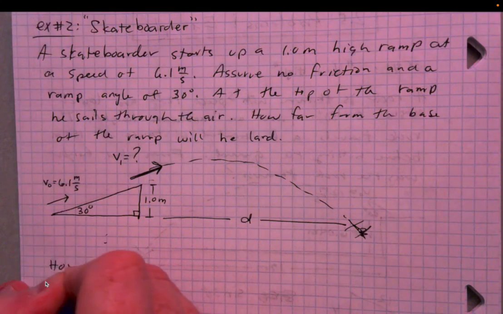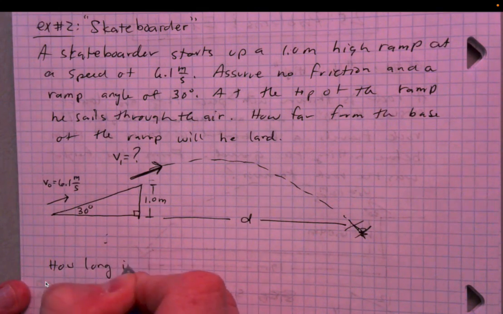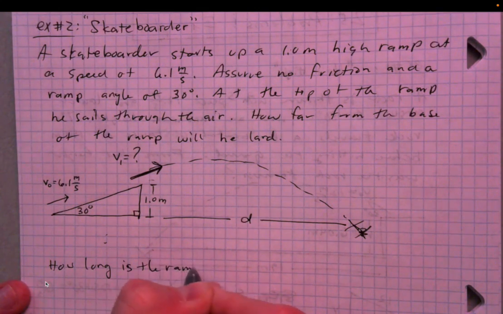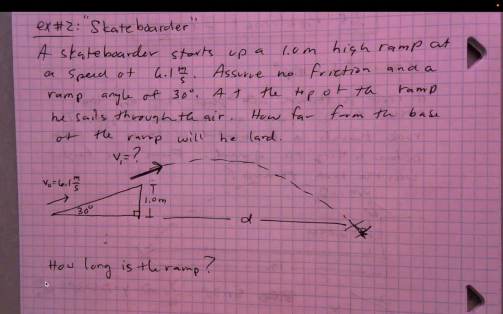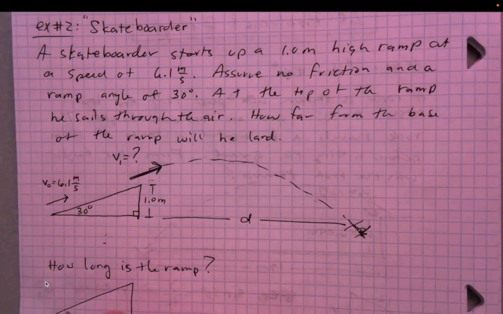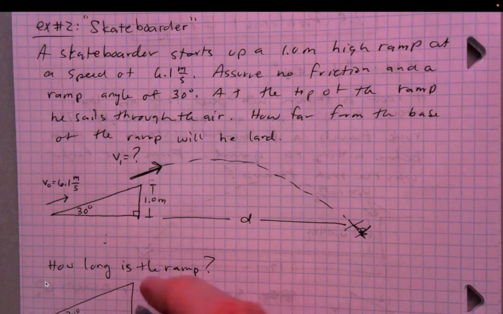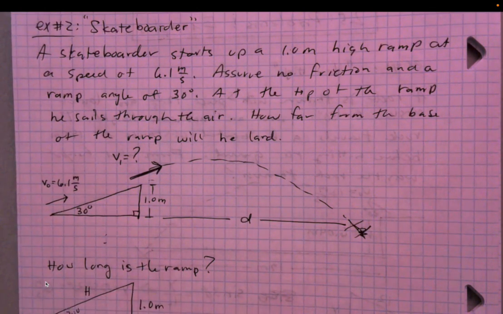So first of all, how long is the ramp? This is just a simple trig calculation, right? We know that it's 30 degrees here. We're told that one of the legs is 1.0 meters, and this will be the hypotenuse here. We just need to know that hypotenuse, don't we?